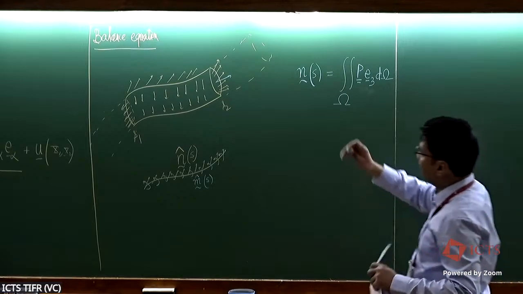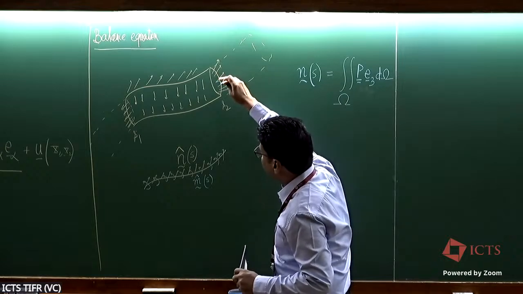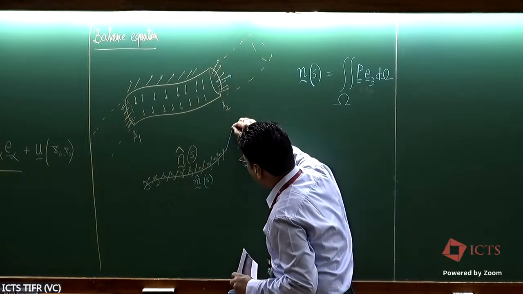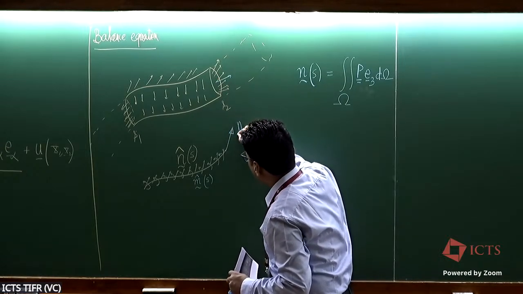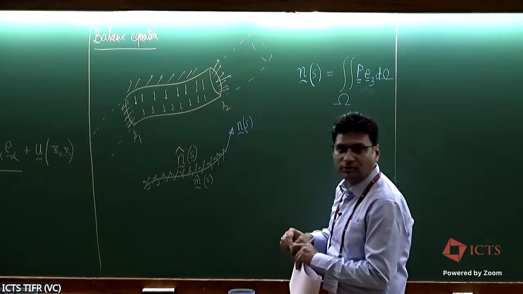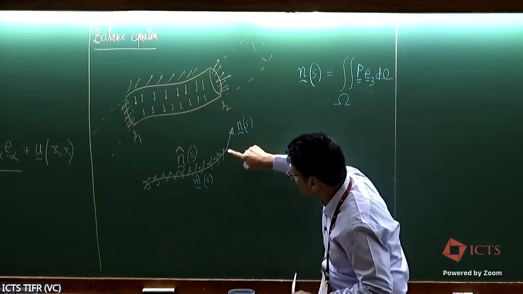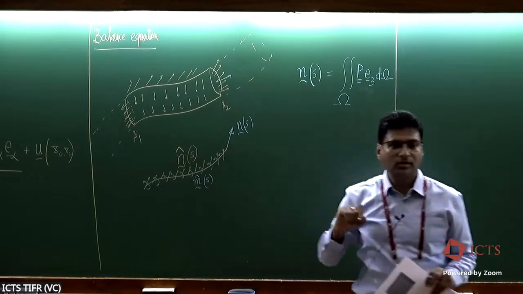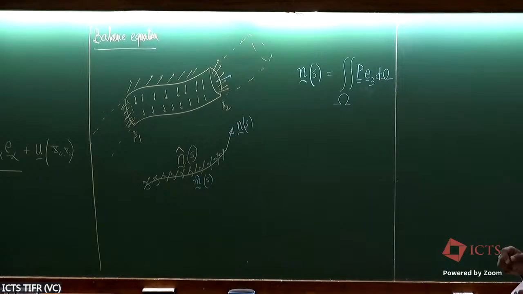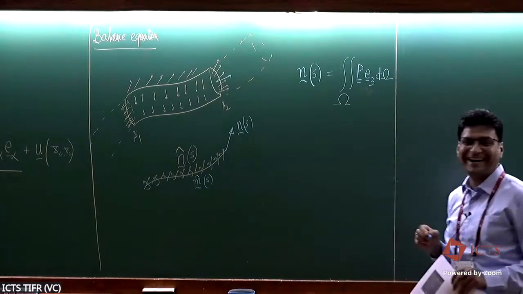No, N is the actual force that is present here, the force that the remaining part of the rod is applying on this segment through the cross section over here. Yes. Yeah, that's true.